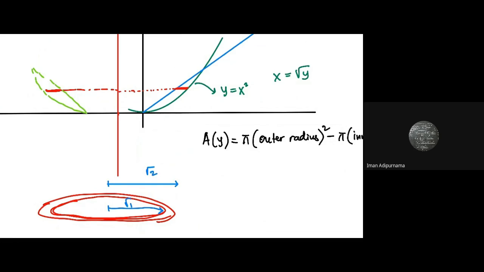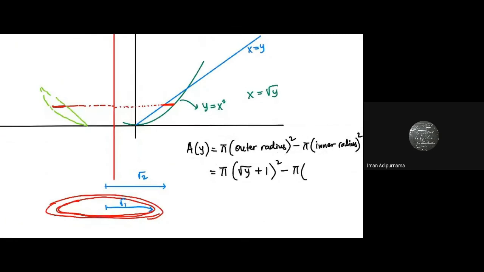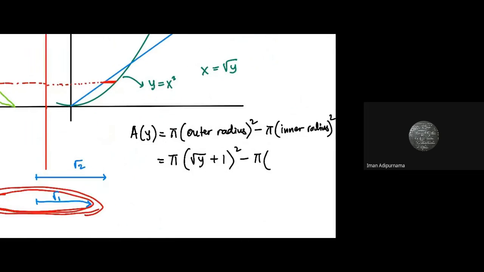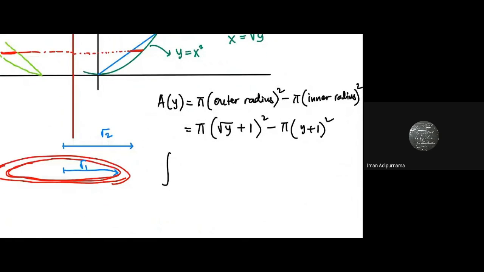We write pi times square root of y plus 1, because you have an additional distance from the y-axis to -1, so it's plus 1.